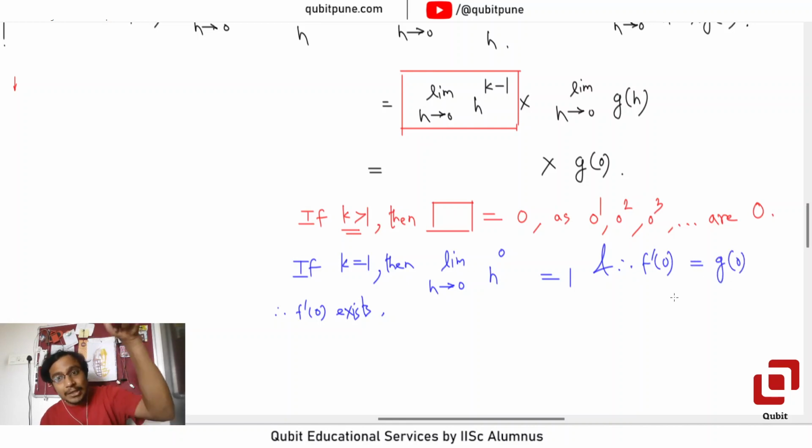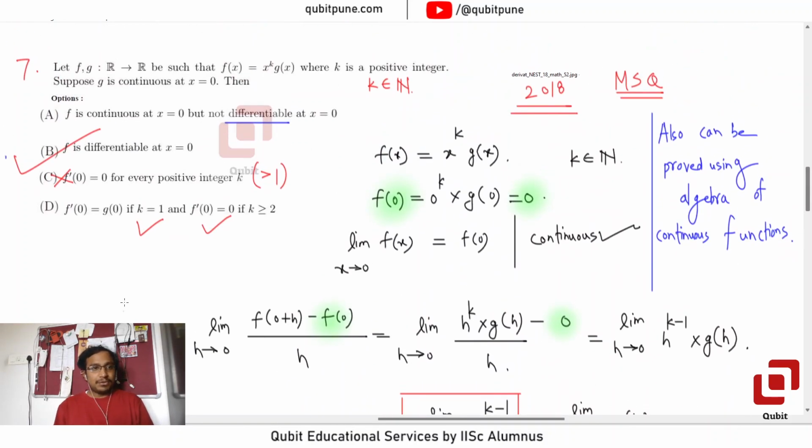So when k equals 1, the derivative is g of 0, but when k is greater than 1, it is 0. But more importantly, f dash of 0 exists. So which option is true? B is true and D is true, but not C. And A is also not right because it is differentiable.